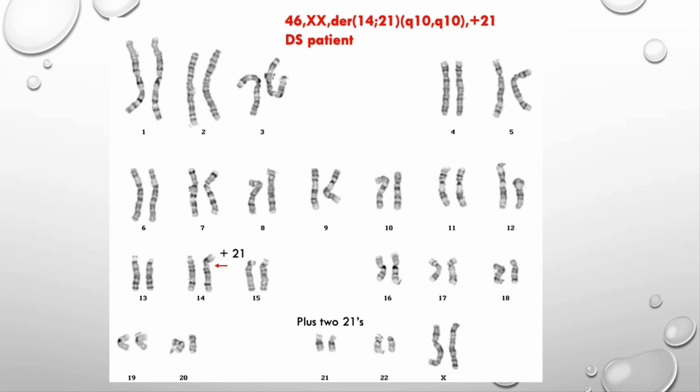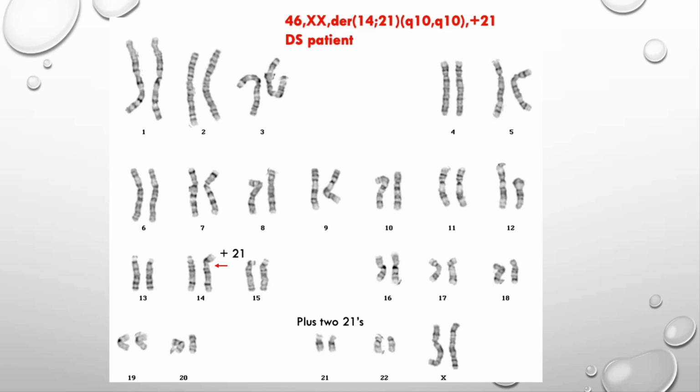And if you then look at the 21s, typically you will see two chromosomes 21 in single state. But this is a situation where you have this extra chromosome 21 on top of another chromosome, in this particular case chromosome 14, and that leads to the translocation form of Down syndrome.